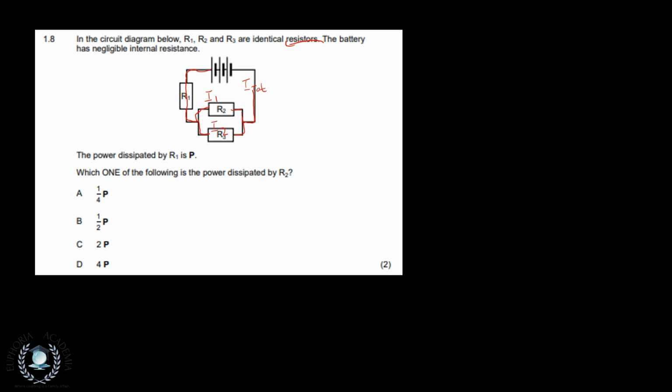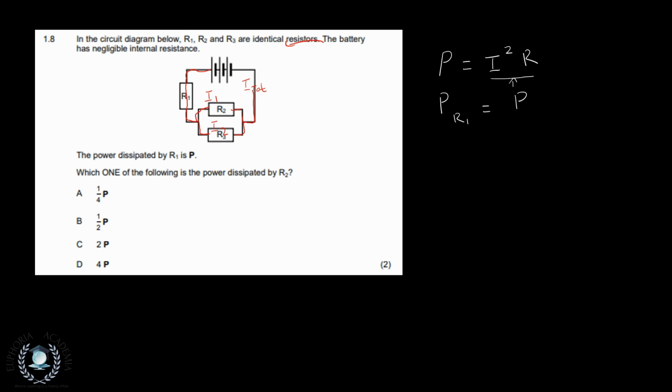Okay, so we already know that our power equation is equal to, I'm just going to use current in this case because I started speaking about current, I squared multiplied by R. Now, the question states that for the power dissipated by R1, that is just given as P, right? And we already know what P is equal to. It's equal to the above.